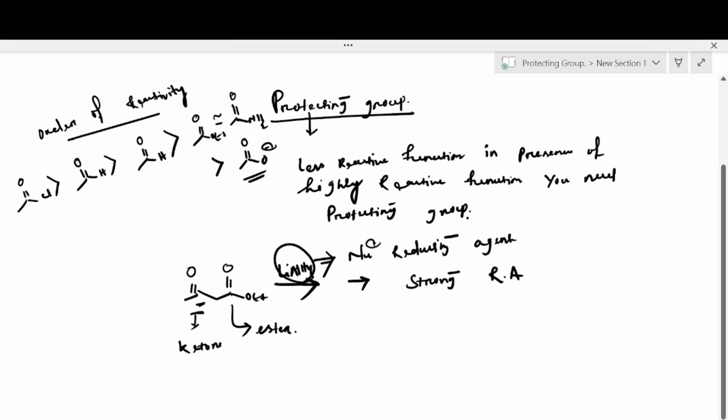So if we add lithium aluminum hydride to that substrate, it reduces both functional groups. If I intentionally want to reduce the ester only, what do I do? I have to first protect that ketone with a specific protecting group which is inert to lithium aluminum hydride. Then the lithium aluminum hydride only reduces the ester part.